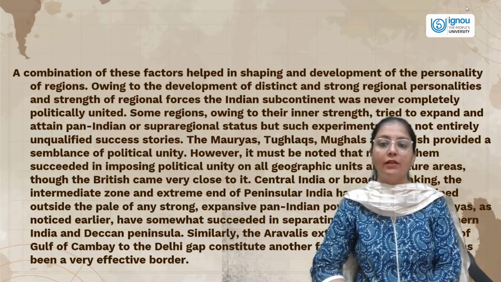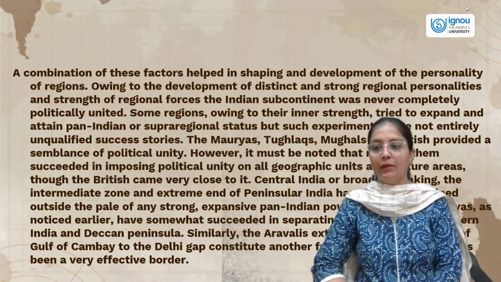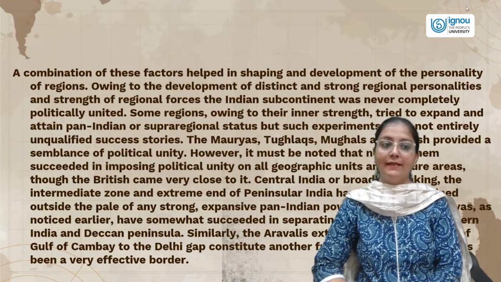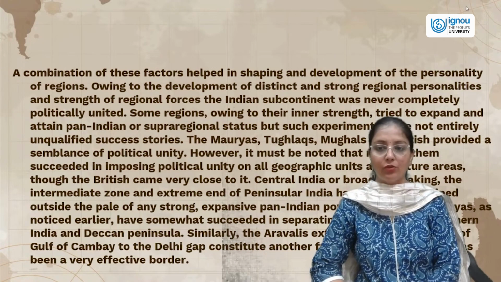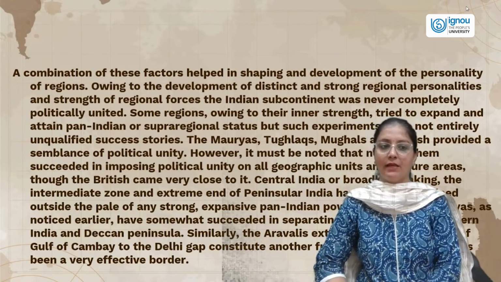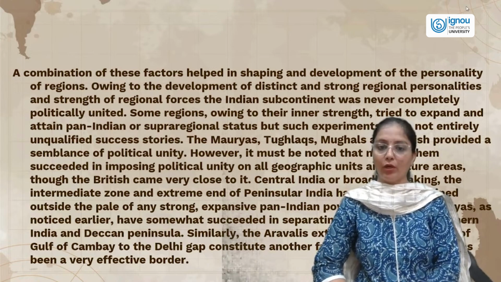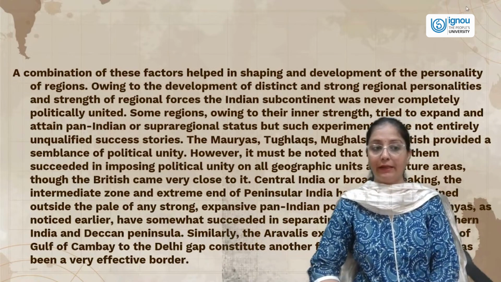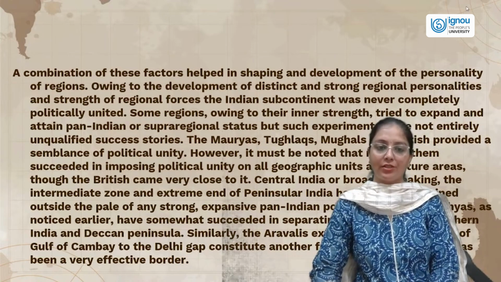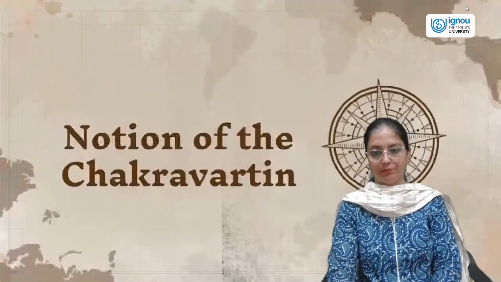The Mauryas, Tughlaqs, Mughals, and British provide a semblance of political unity. It must be noted that none of them succeeded in imposing political unity in all geographic units and cultural areas, though the British came very close to it.